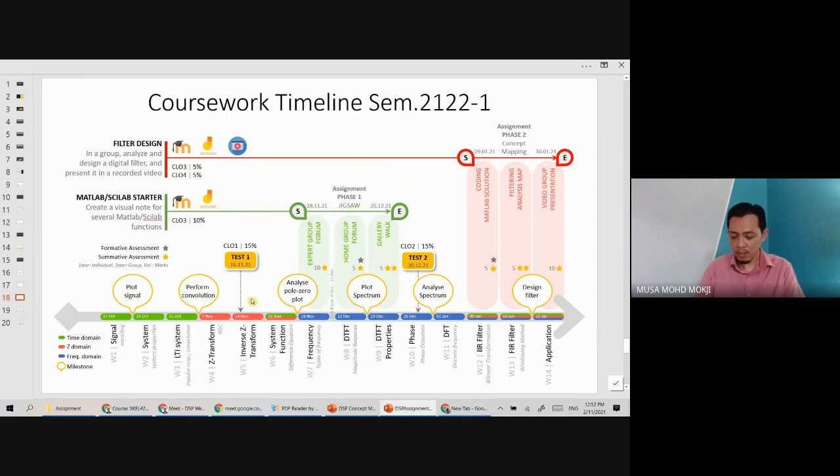We are now at week 3. Next week we will cover Z transform, hopefully finishing something on it. Then in week 5, we will do test one. Then we have 1 week, and after that we will have the assignment.